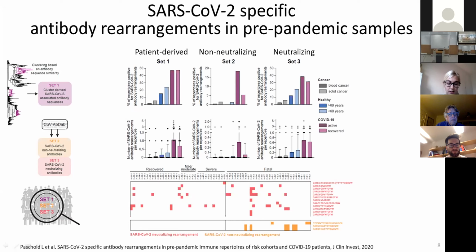So this indicates that these sequences have detrimental properties and might be harmful as they do not neutralize, but they bind to the virus.